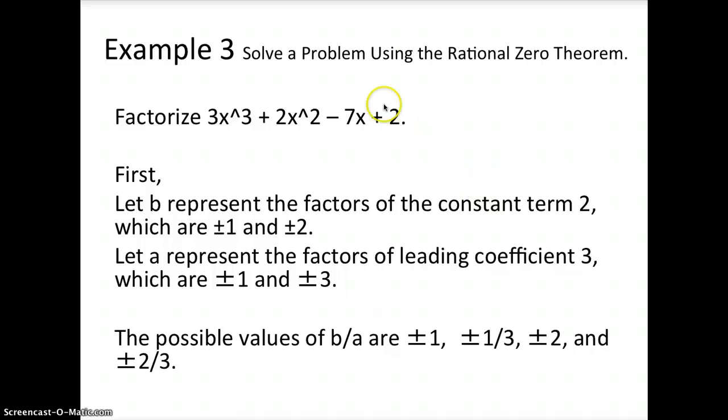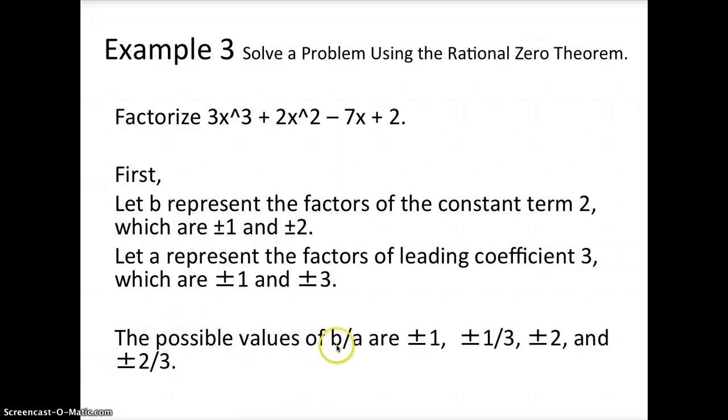For example 3, solve a problem using the rational zero theorem. From this we can see that it is a rational zero theorem problem. First, let b represent the factors of the constant term 2, which are positive and negative 1, and positive and negative 2. Let a represent the factors of the leading coefficient 3, which are positive and negative 1 and positive and negative 3.